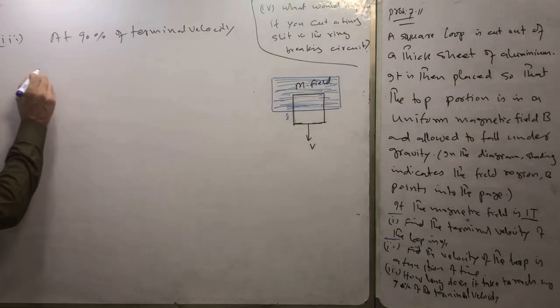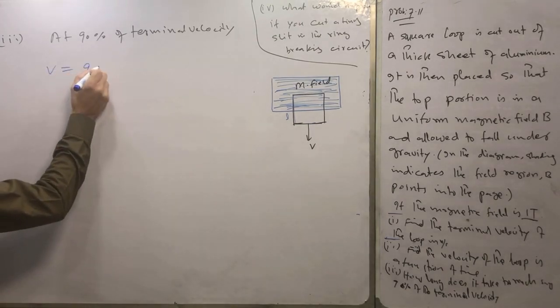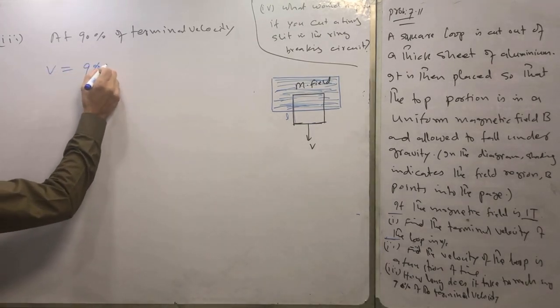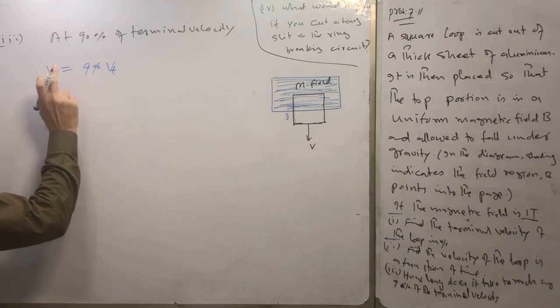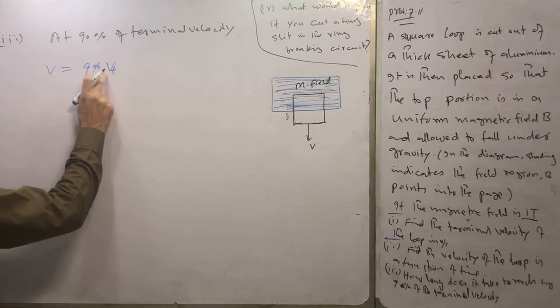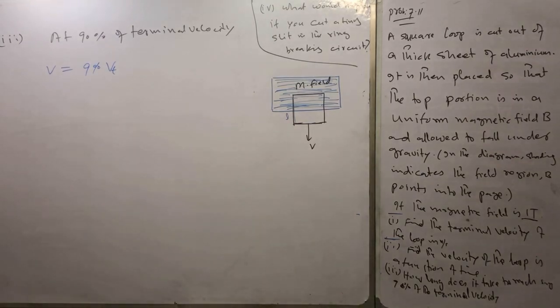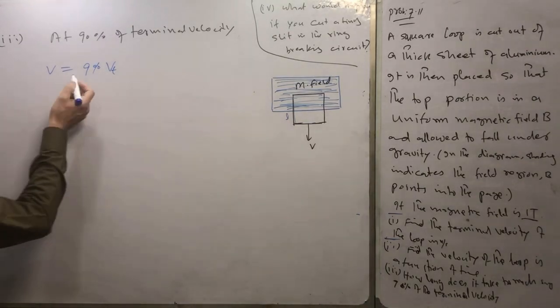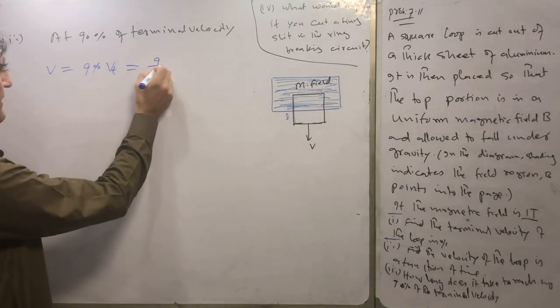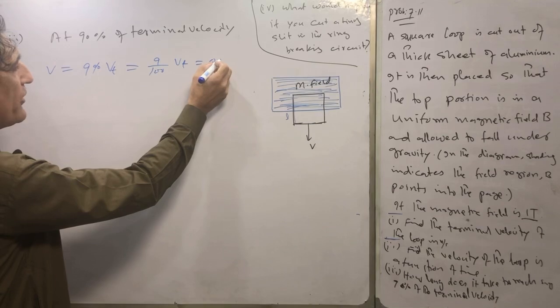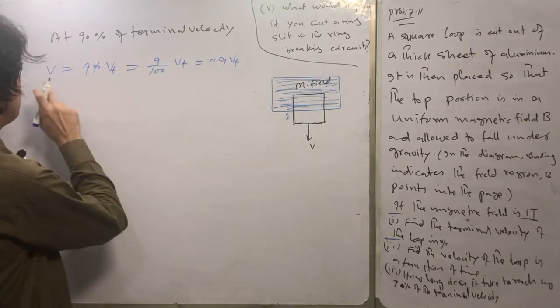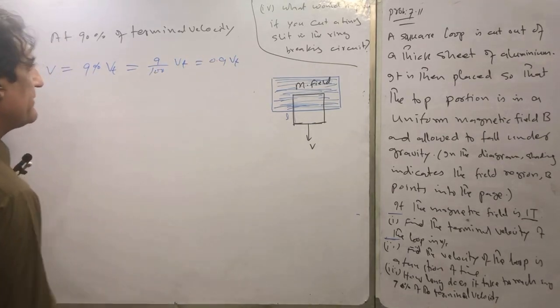It means that V is equal to 90% of Vt. This statement indicates that V is equal to 90% of Vt. And 90% means 90 divided by 100 Vt, and this is 0.9 Vt. It means that V is equal to 0.9 Vt.